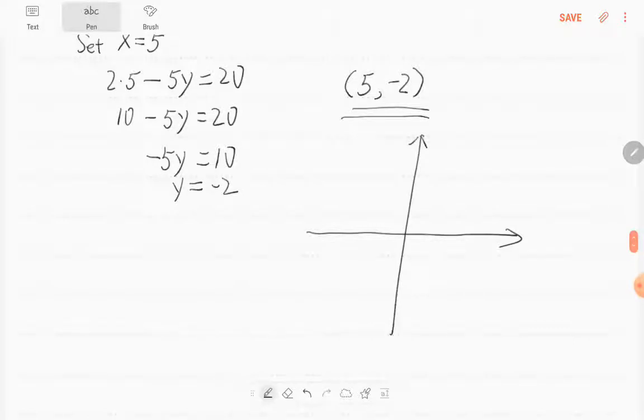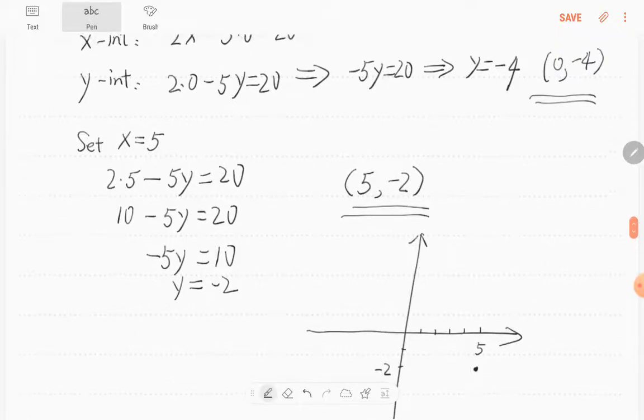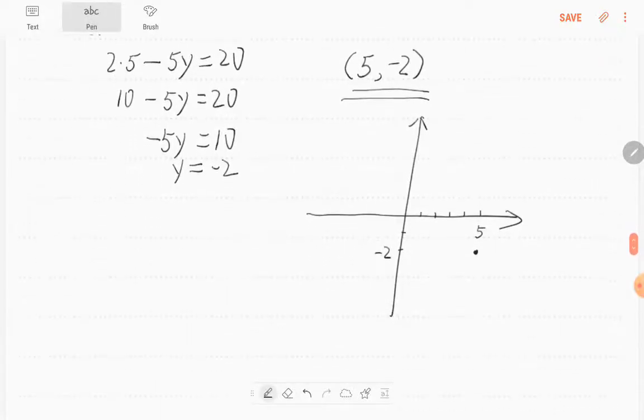So this would be 1, 2, 3, 4, 5. (5, negative 2): 1, 2, so this is here, negative 2. So this is 1 point. Another point is (0, negative 4): negative 3, negative 4.